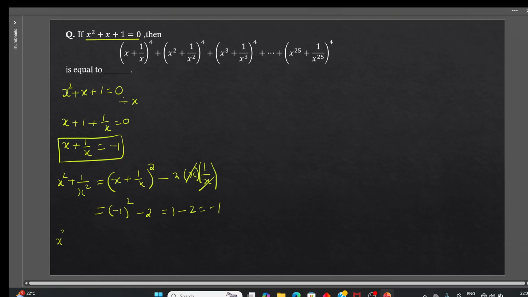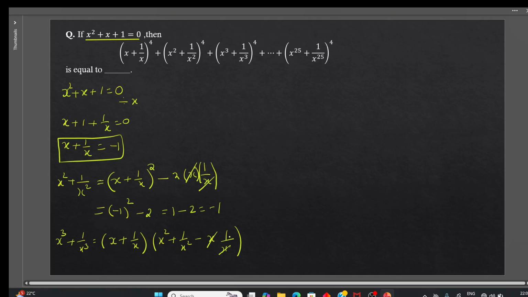Similarly, find x cube plus 1 by x cube. Here we use the formula for a cube plus b cube, which is (a plus b) into (a square plus b square minus ab).